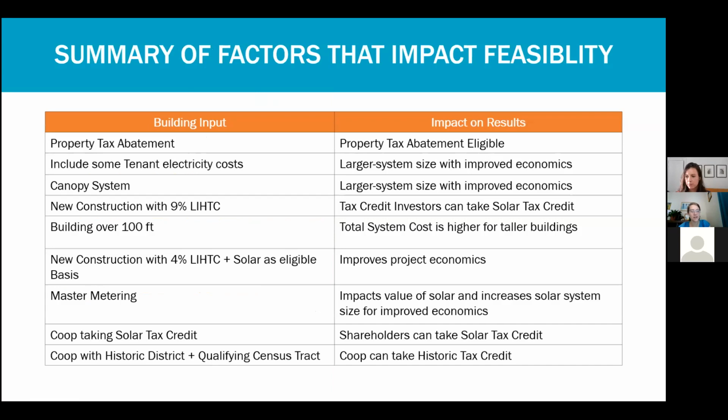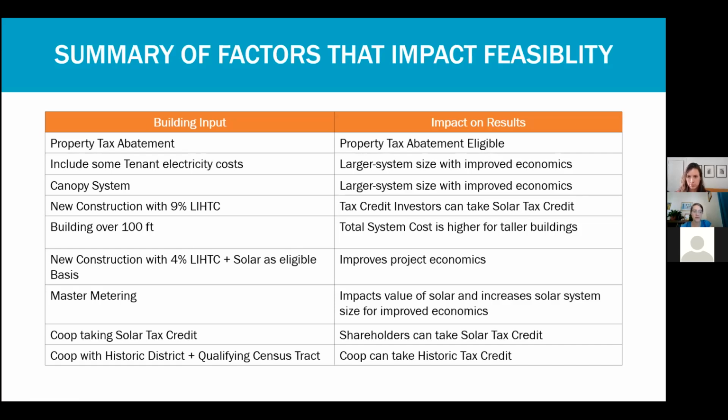And then I just want to go over the factors that impact the feasibility analysis. The property tax abatement reduces the post-incentive cost, including the tenants, and can give you a larger system. With a CANOPY design, the LIHTC projects can give you extra tax credits, and building height can increase the cost a little bit.